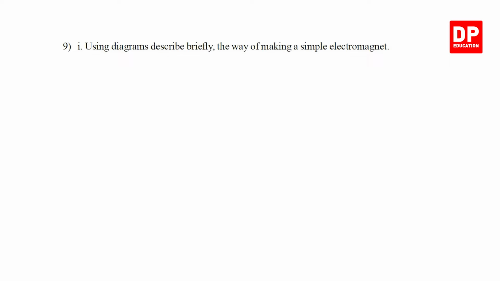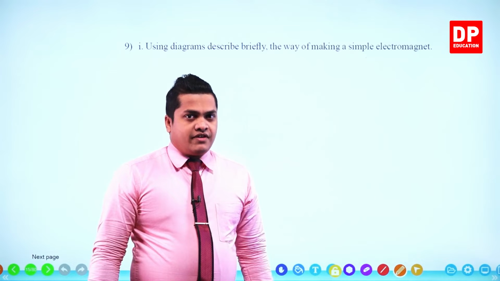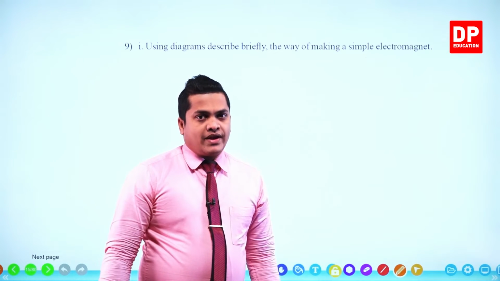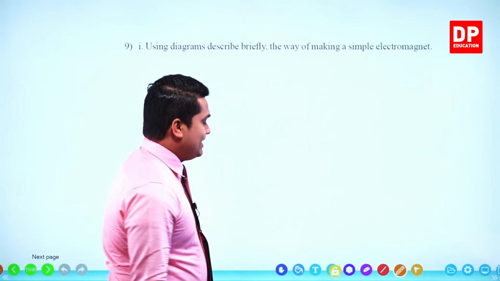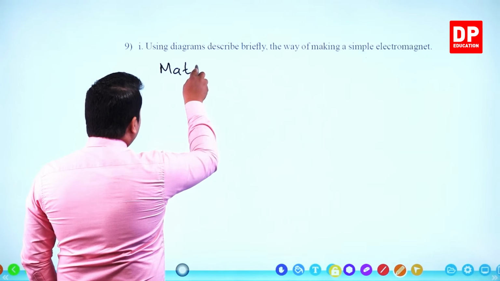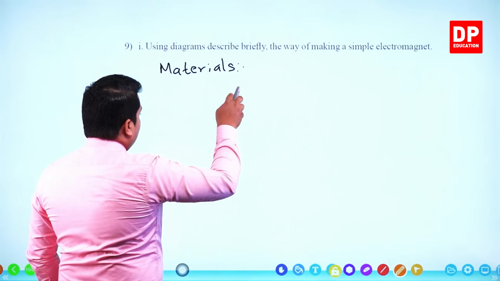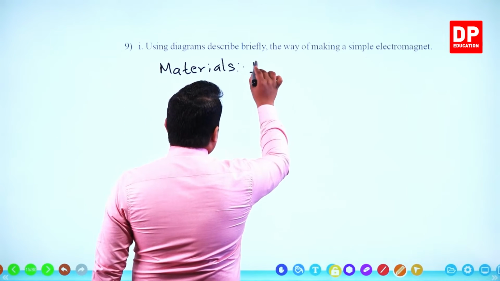Using diagrams, describe briefly the way of making a simple electromagnet. Okay, the way of making a simple electromagnet. First of all, we'll be needing these materials. Insulated copper wire.